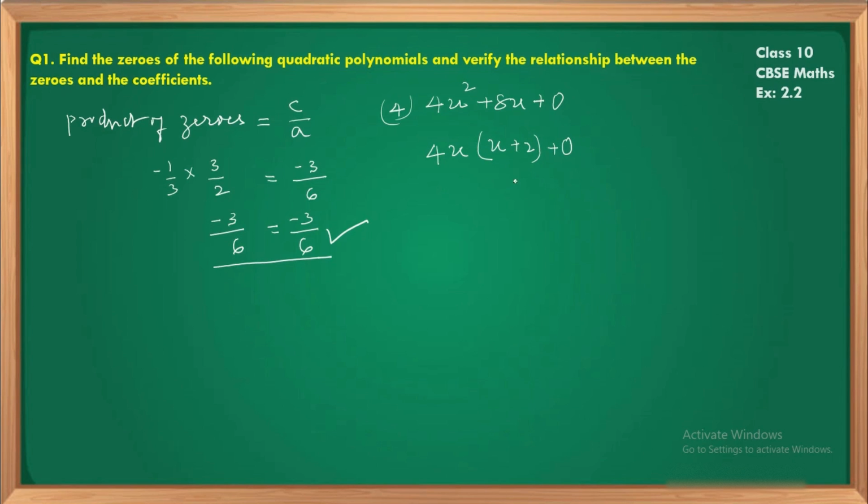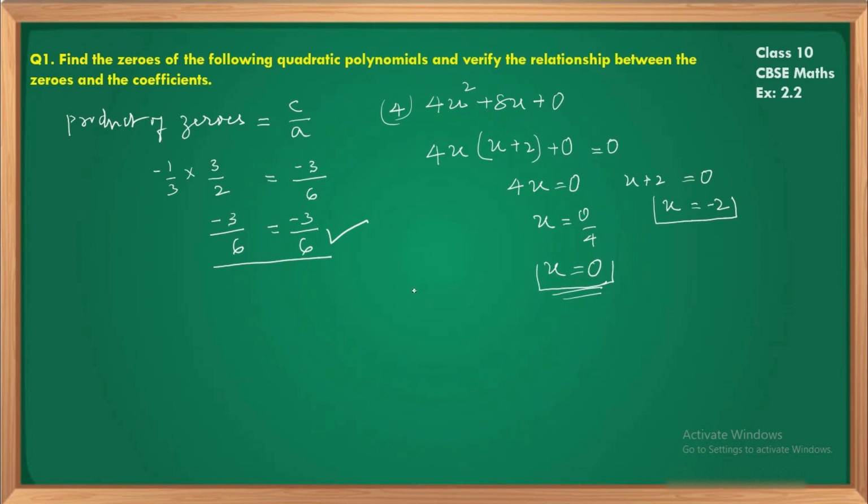Now 4u can be equal to 0, or u plus 2 can be 0. Therefore u is equal to 0 by 4, which is equal to 0. One value of u is 0. Here u is equal to minus 2. This is another value. The two zeros of u are 0 and minus 2.